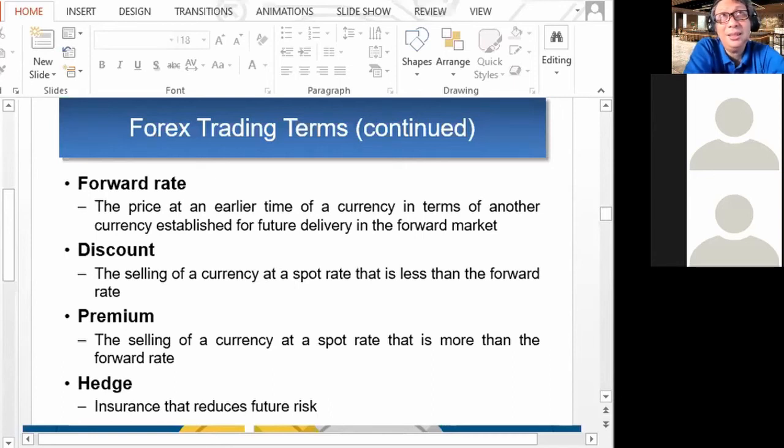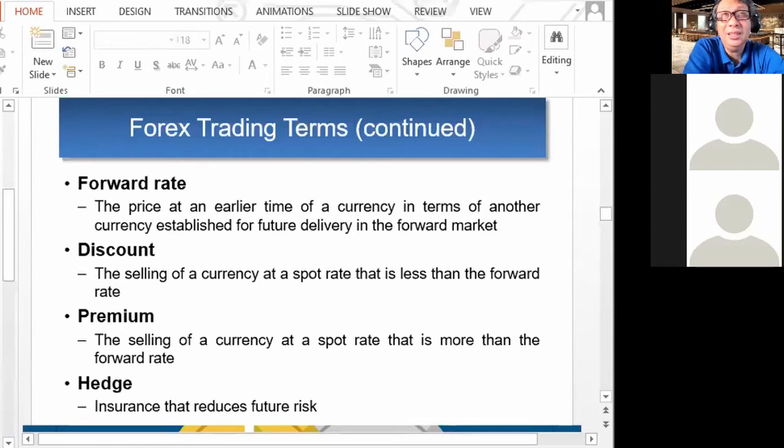Minsan, marami ring nalilito. Tricky din yung direct quote tsaka indirect quote. So, be careful with that. Pati rin yung futures contract tsaka forward, futures market tsaka forward market. They're similar.